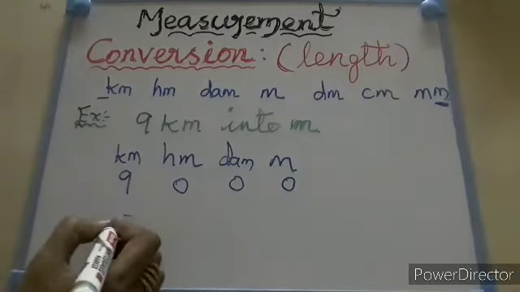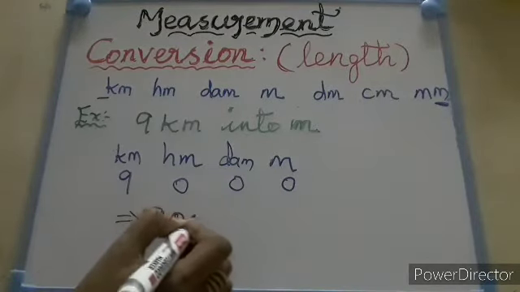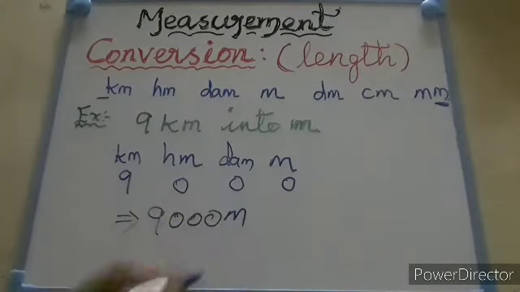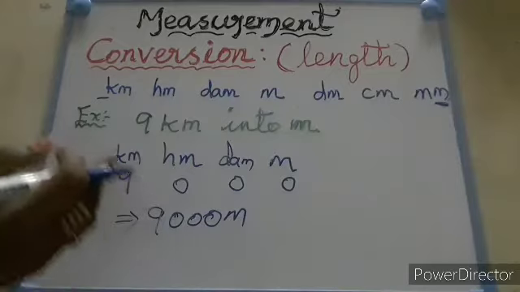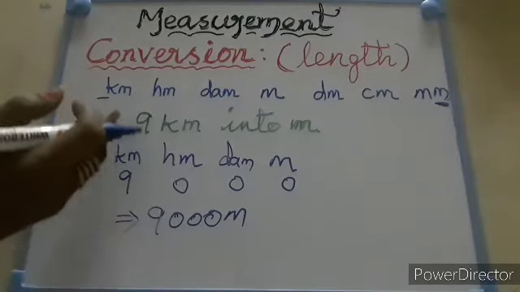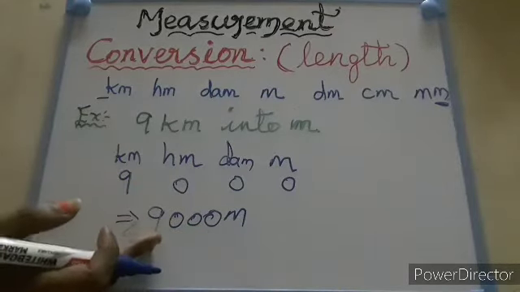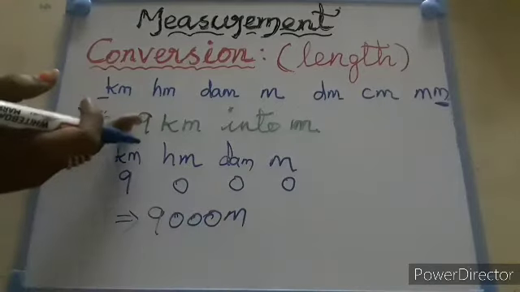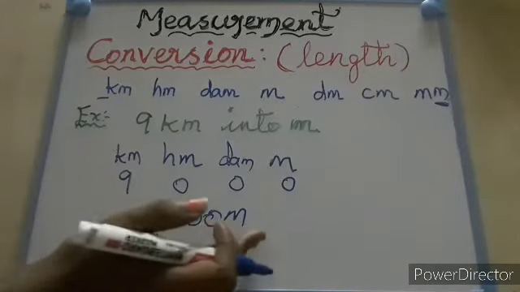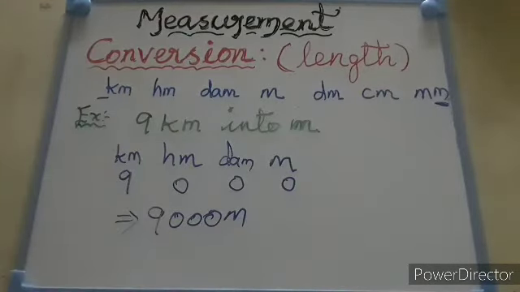So what's the answer now? 9,000 meter. Understood? In the question they are asking meter, so we converted from kilometer to meter: 9 kilometer is equal to 9,000 meter. Understood? Okay, let me see one more example.